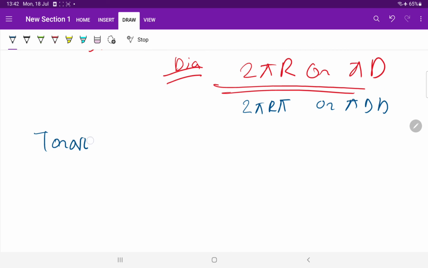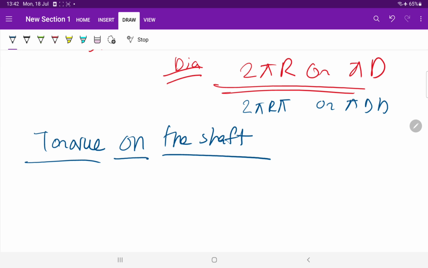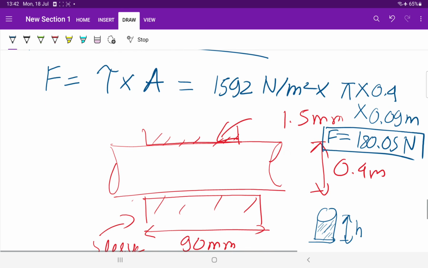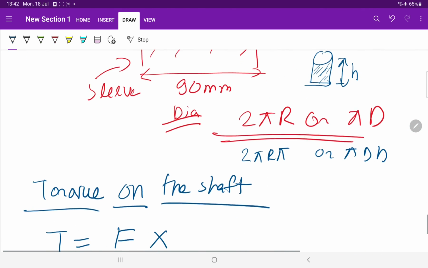Now torque, I had already told you the formula, or else you may already know it, because it is mentioned a lot in mechanics. Torque is equal to force into distance. Now torque will act on the mid part, okay, so it will be distance by 2. D is 0.4, and torque will act in the center, so it will be 0.4 by 2.